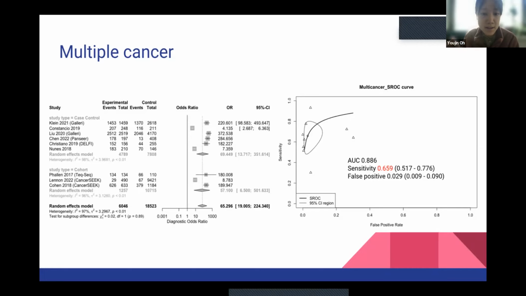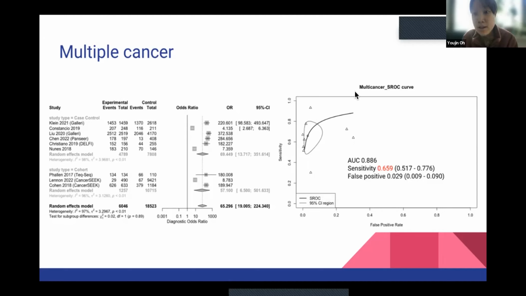Is there any set limit of the DOR? I know the cutoff is 10, but how can I interpret 65 for a multi-cancer screening test? I'll write it out in the results part.